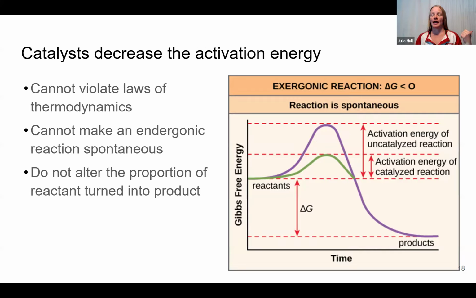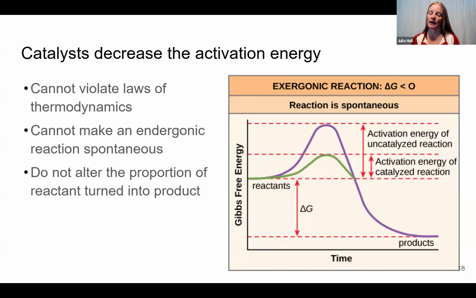In this case, our reactants, the things that we're starting with, are starting at the same energy level. We just have to go up a small amount to get that activation energy, and then we break that. And our products, the thing that we're going to end up with, is going to be at the same energy level with or without the enzyme.